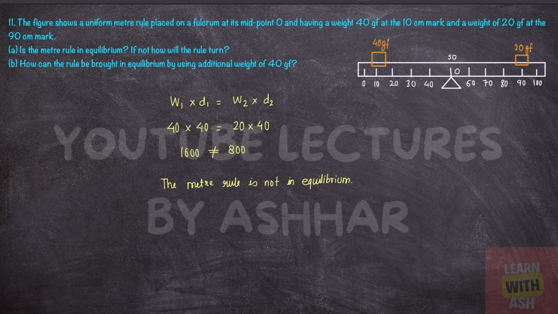After that, they are asking us, if not, how will the rule turn? From common sense, this particular portion has a greater weight than this one, which means that this rule will go in this direction. So the direction will be over here, which is anti-clockwise. And the other one would be clockwise.